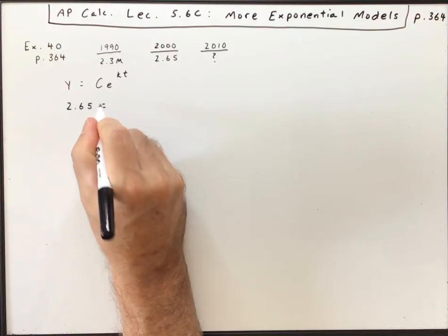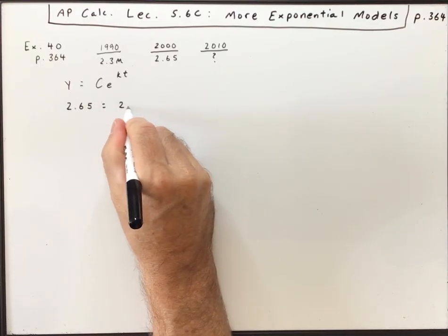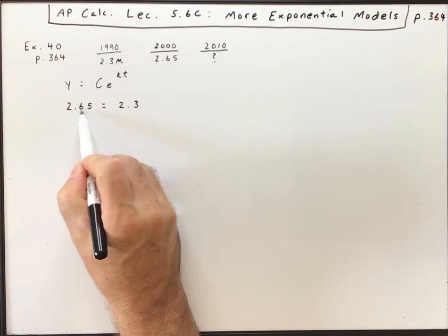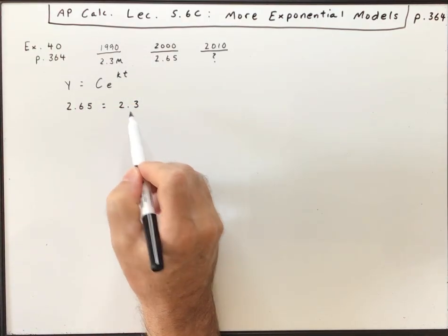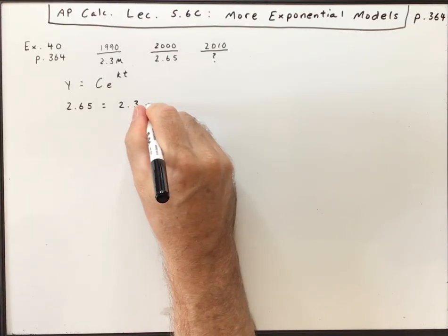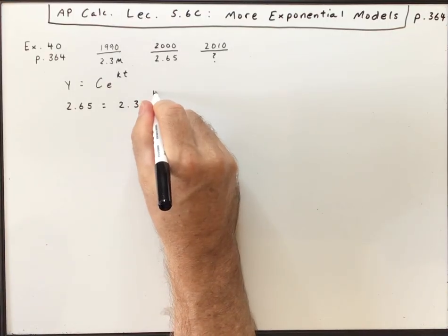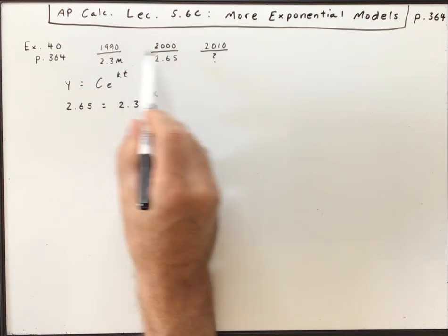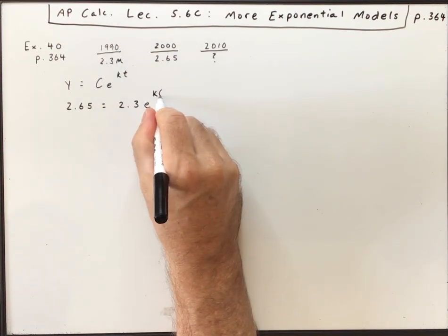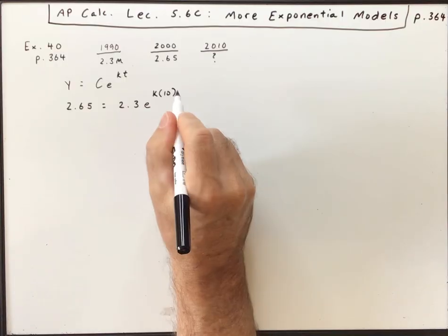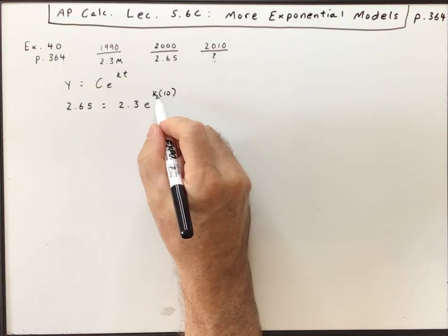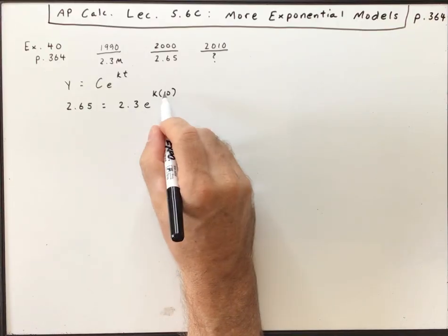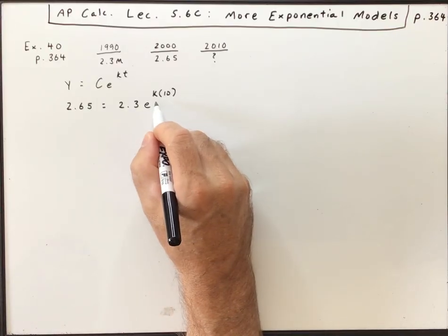That's equal to 2.3 million, so the 2000 population is equal to the 1990 population times e to the k, we don't know k, but we know there's 10 years of difference between 1990 and 2000, so times 10. We would expect our k to be positive because the population is growing. If the population were declining, then k would be negative.